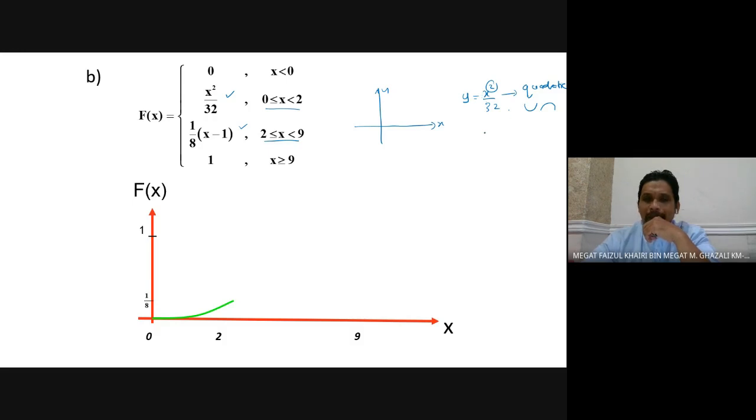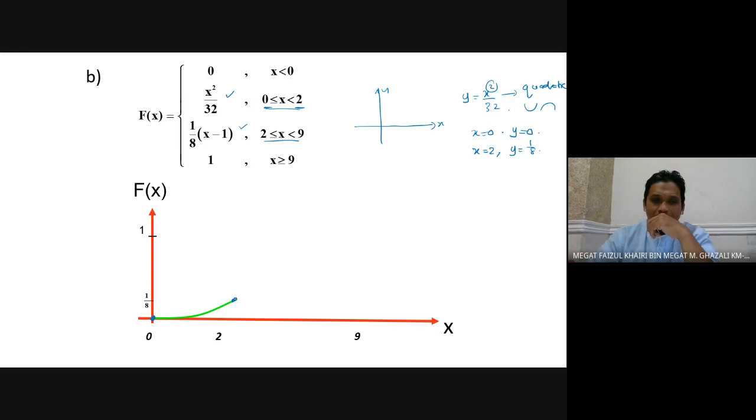So when x equal to 0, y equal to 0. 0 square 0 divided by 32, then y equal to 0 here. And then when x equal to 2, 2 square equal to 4, 4 over 32, then y is 1 over 8.